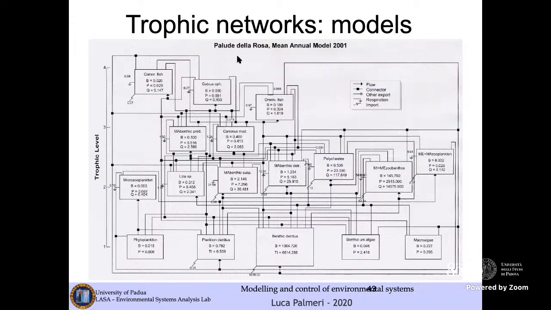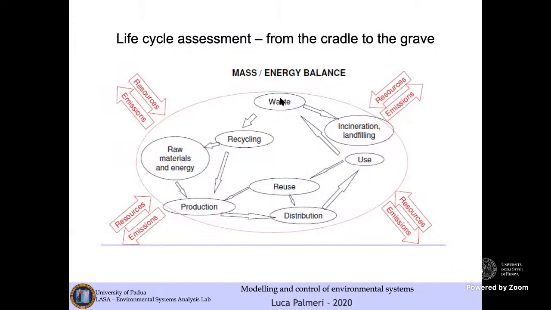Again, this is the network model of the Palude della Rosa ecosystem, the mean annual model for year 2001. This is a model describing a real condition, a portion of the Lagoon of Venice, in which we have tried to describe the effect of various activities or scenarios on the quality status of the ecosystem.